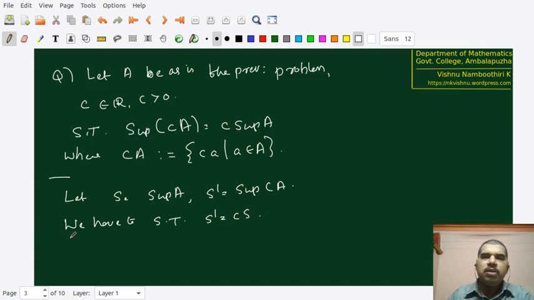So if we remember what we have done in the previous problem, we have shown that S prime is less than or equal to CS and CS is less than or equal to S prime. Exactly the same procedure we are going to adopt even here.